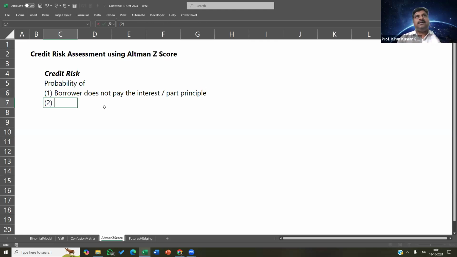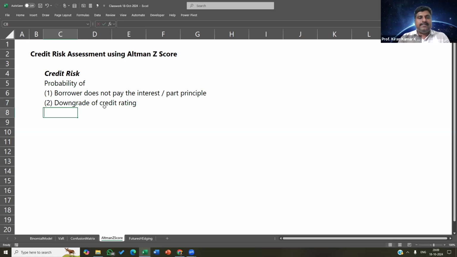Or sometimes, when you're talking about B2B lending, what is the probability that the borrower's credit rating is downgraded? By the way, what is a credit rating, guys? Credit rating basically refers to a scoring or a rating done by a professional credit rating agency based on the fundamental financial data, and of course the industry data, of a certain company.